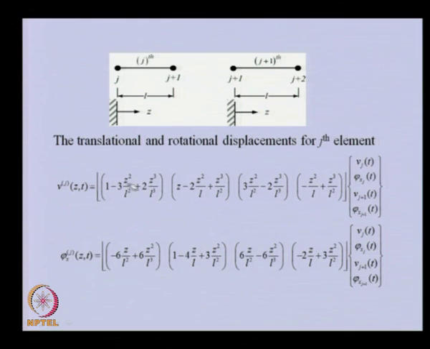So, this is the shape function which is predicting the displacements at the node position, and also at intermediate positions. So, we will be using these two expressions to predict the displacements at the common node by two separate elements.